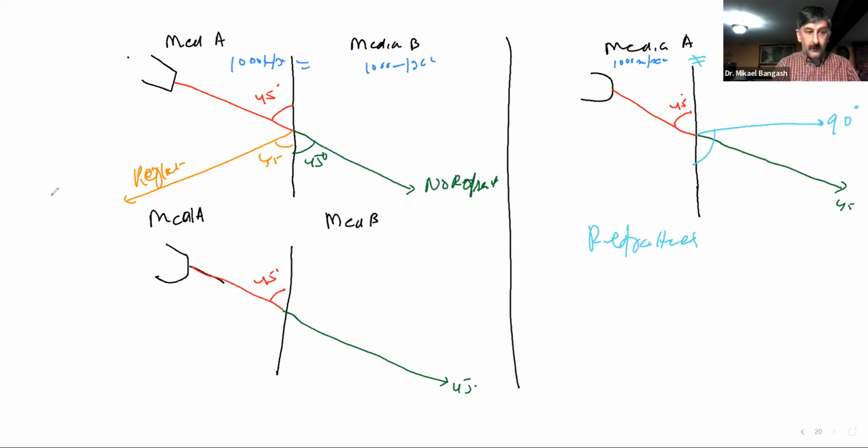But our angle of refraction is still the difference between 45 and 90, which is 45 degrees.